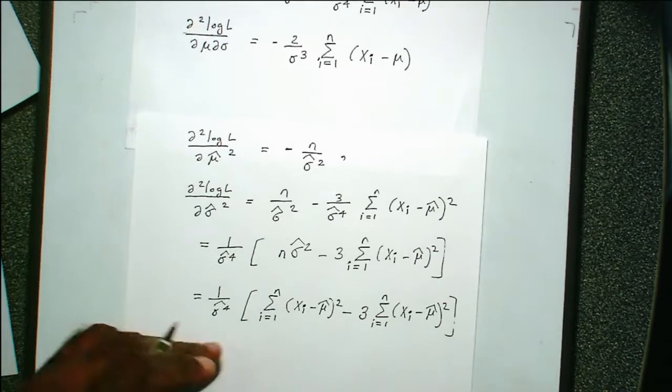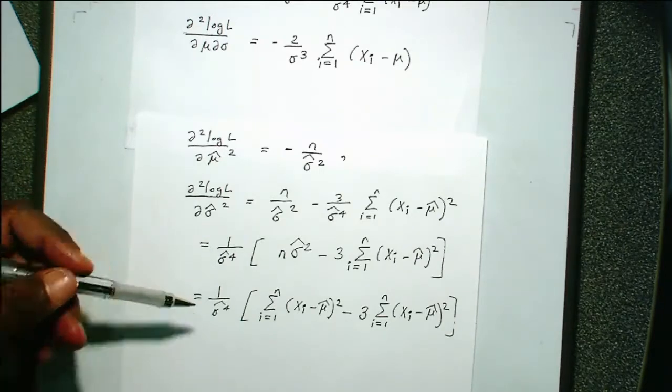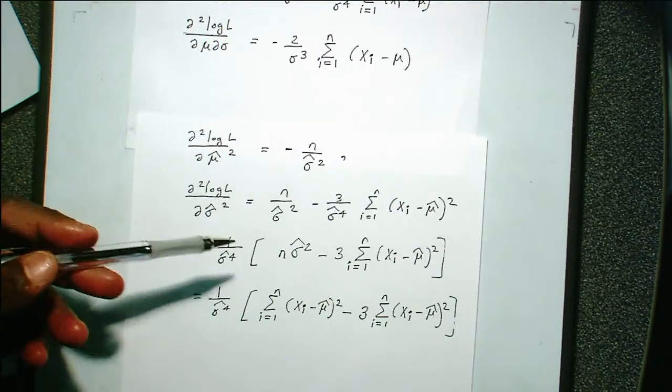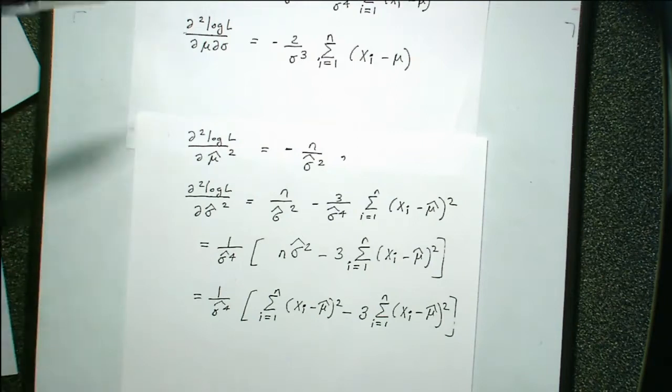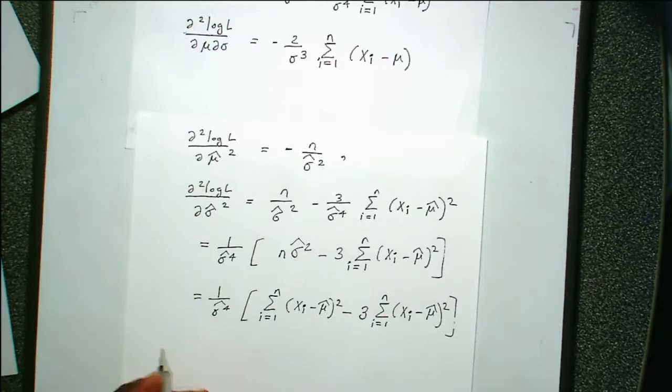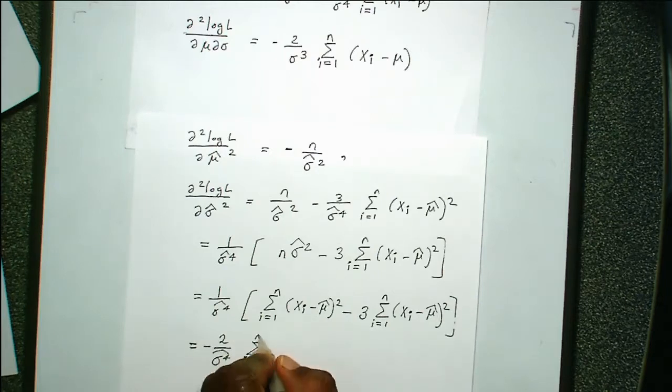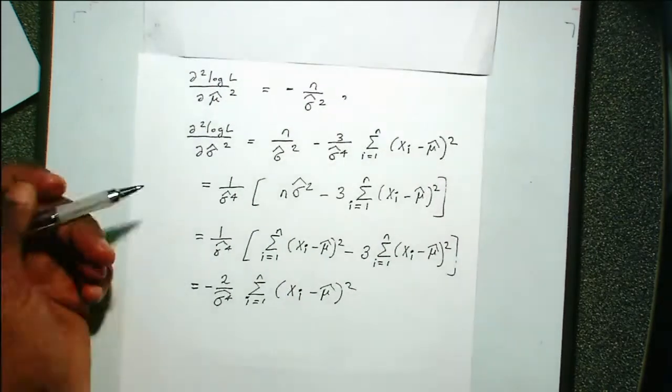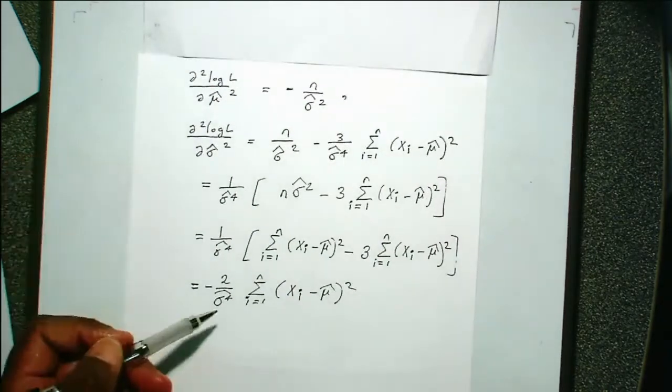Do you see how I got from this line to this line? Using the fact that sigma squared hat is equal to 1 over n times this, you get minus 2 n, so we have shown that the second order partial derivative with respect to sigma is equal to this.